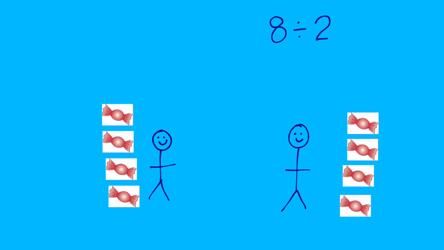There. So I had my 8 sweets, I've shared them out between 2 people, and I can see that each person has ended up with 4 sweets. So that means that 8 divided by 2 is 4, or 8 shared between 2 is 4.